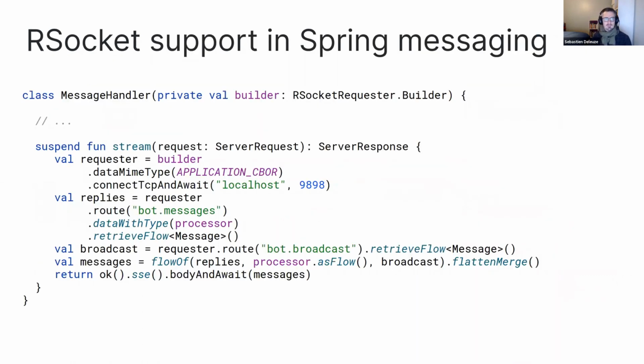And we have this RSocket support in Spring messaging. So basically, you will use the @MessageMapping programming model, and you can use an API like we show here with the RSocket requester builder. And the code will be a little bit like on the WebFlux side with the coroutine support. So you can deal with suspending functions and Flow, but applied to reactive messaging.